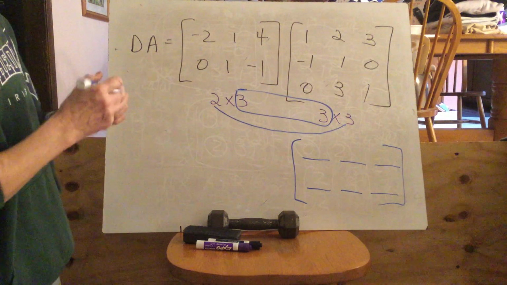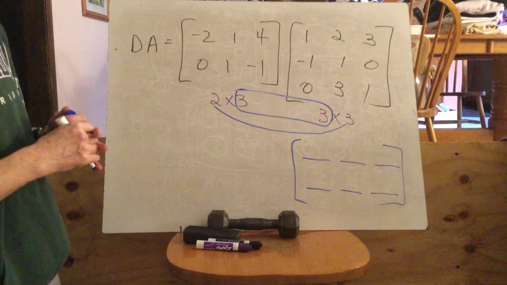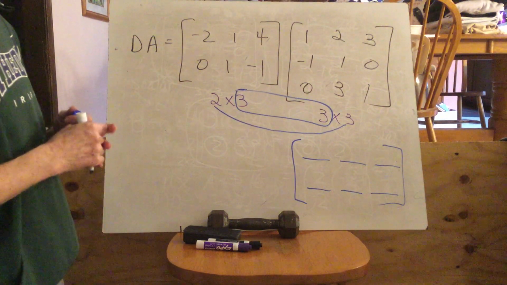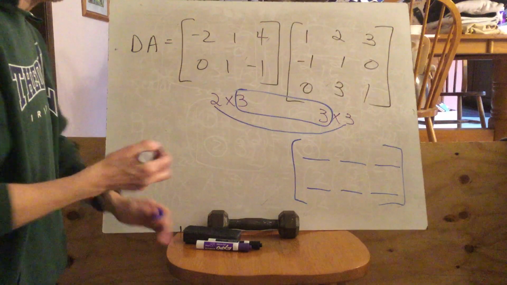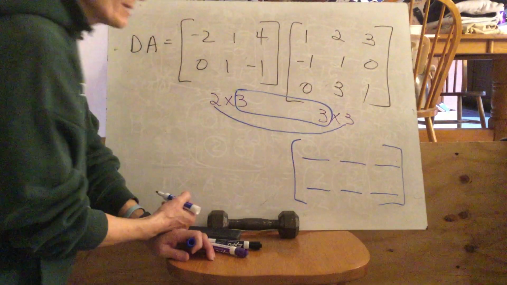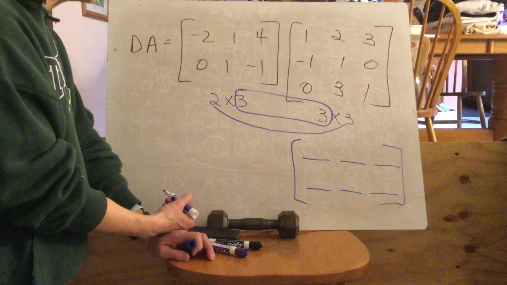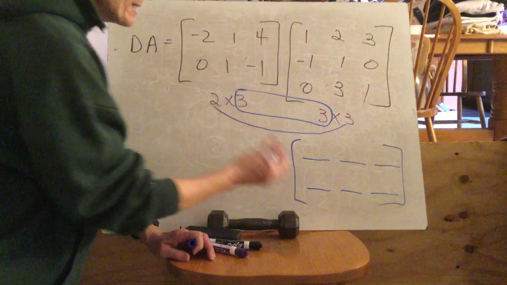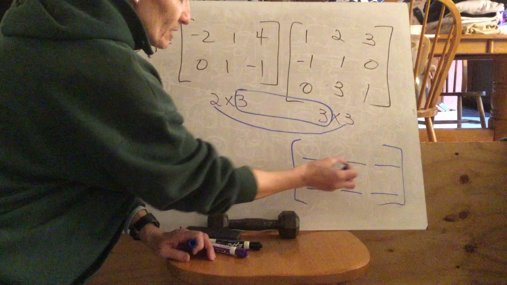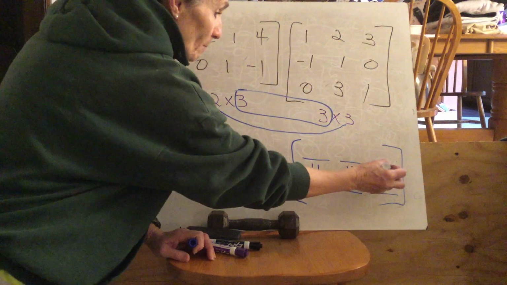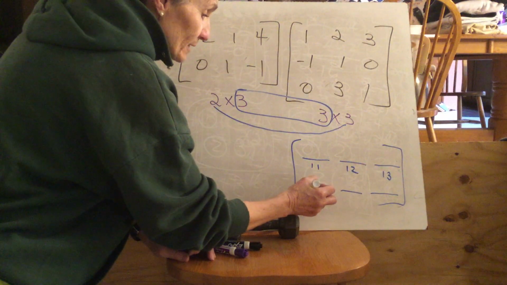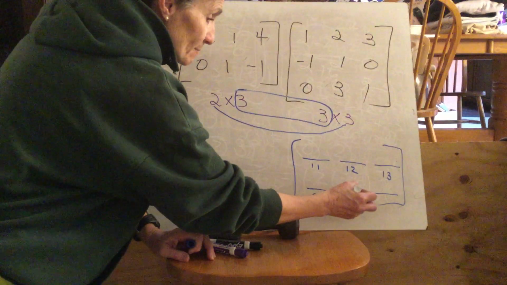Now, because you've watched all these videos and seen me do so many of these, you know what I'm going to do now. I'm going to label all these spots. These aren't part of the answer. These have nothing to do with the answer. These are just my secret code to help me figure out what I'm going to multiply to fill in the blanks.